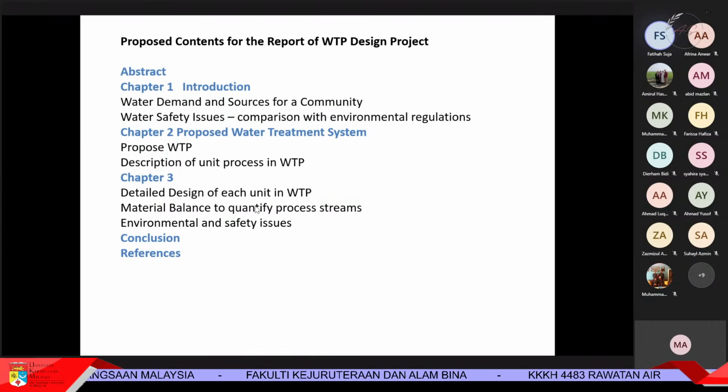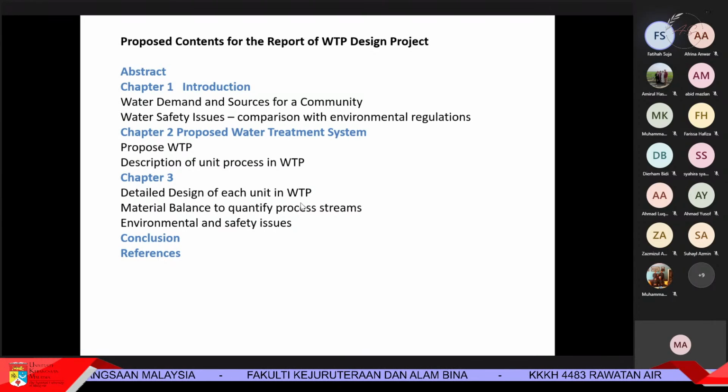Environmental and safety issues, this is where you compare your treated effluent with the guidelines. You have to make sure that using your treatment plant, the 3 contaminant parameters that you have chosen, you'll be able to remove. And then conclusion and also references. Okay, any question?